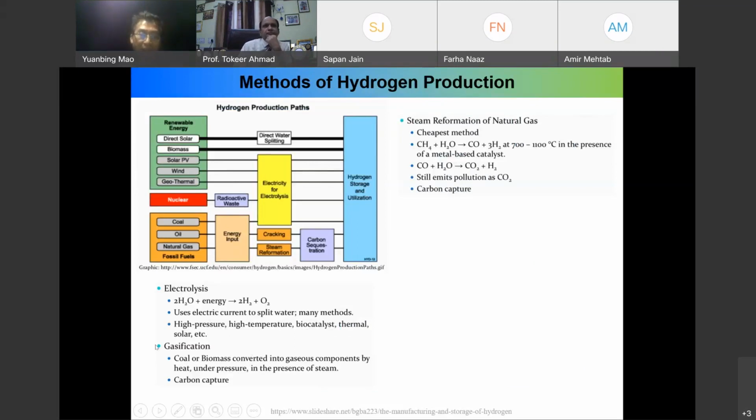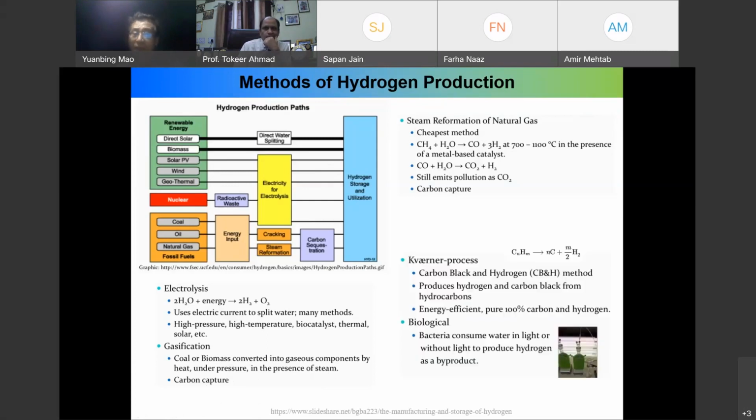And then there's gasification as well: coal or biomass converted into gaseous components by heat under pressure in the presence of steam. Again, this also needs carbon capture. Then in later years, a new process was developed, called the Raman process.